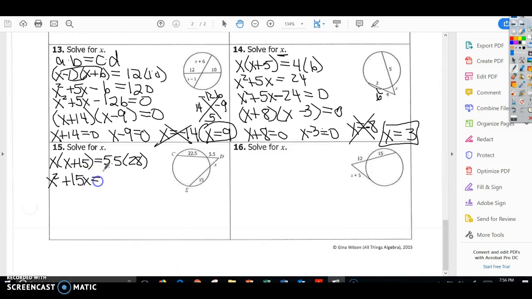If I multiply these two together, I get 154. I'm going to set this equal to 0 by subtracting 154. And then solve. So my two factors are x plus 22, x minus 7. Running out of time.